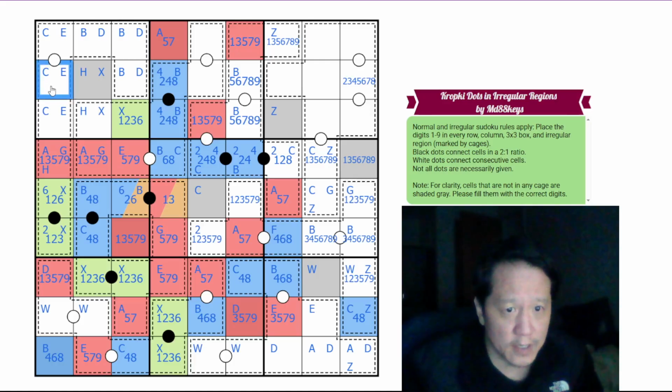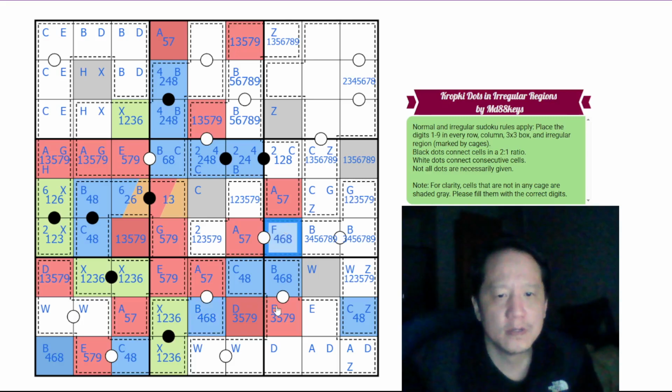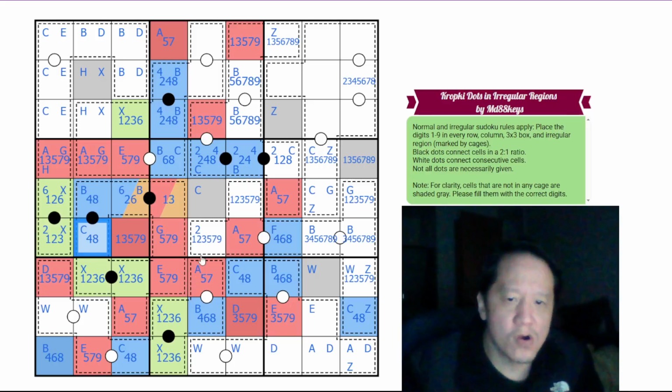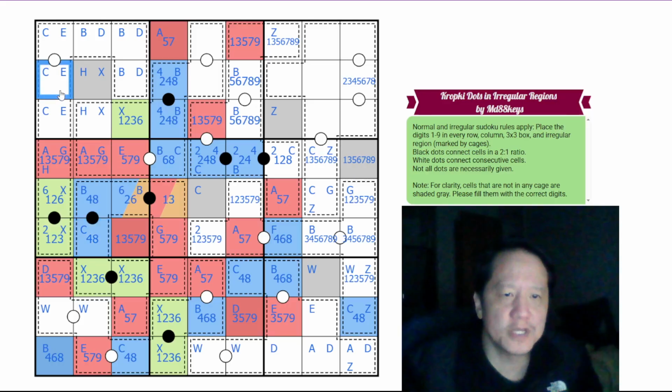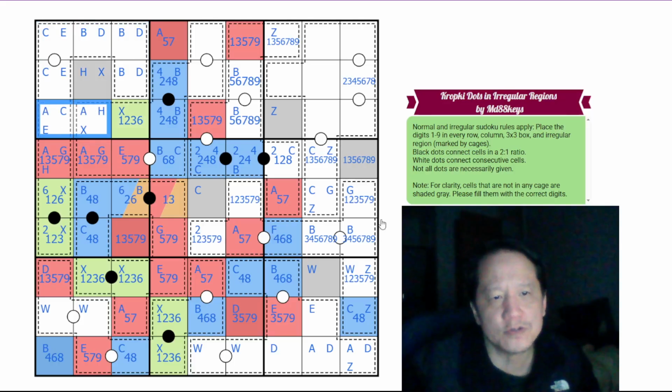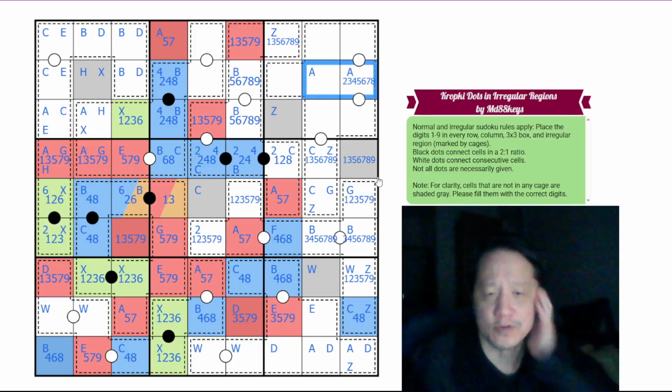If this is A, it would be consecutive with C or E. It could not be consecutive with E because those are both odds, and A can never be consecutive with C because it's consecutive only with B and F. Because C has to be there. So this cannot be A. These can't be A. These can't be A. This can't be A. So A has to be one of these two. Since A is one of these two, that means A cannot be here. A is one of those two there.